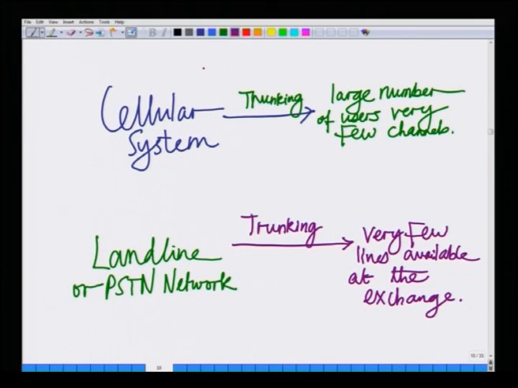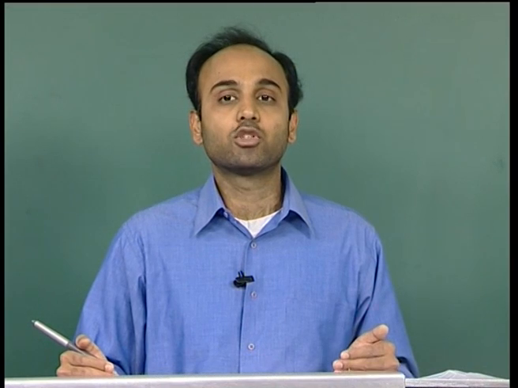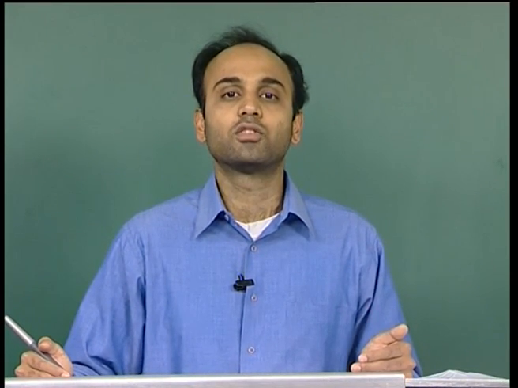Trunking is nothing but saying that there are a small number of lines and a very large number of users that you are supporting using this trunk. In the context of a cellular system, it becomes all the more important because over-the-air frequency resources in 2G, 3G, 4G, all systems, are limited.